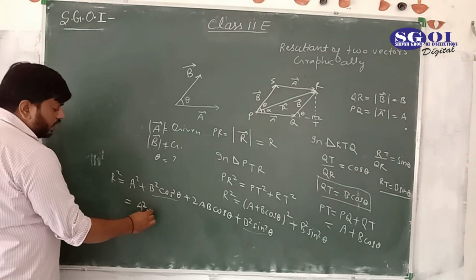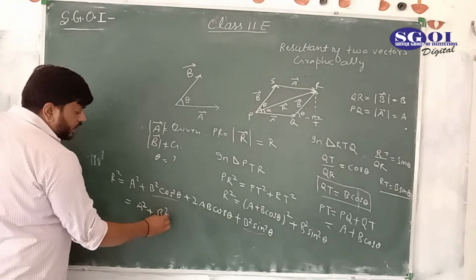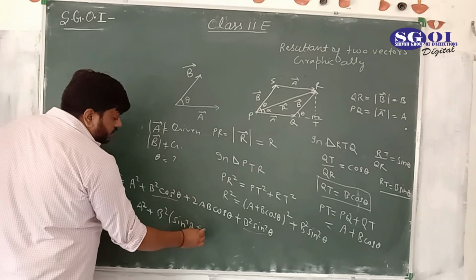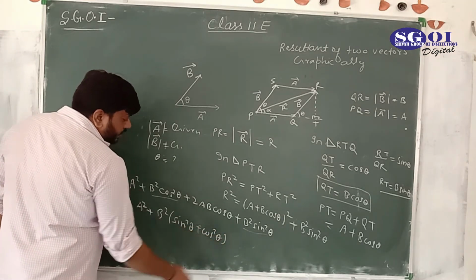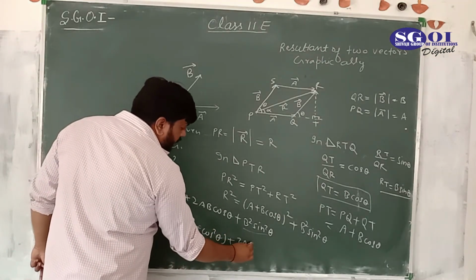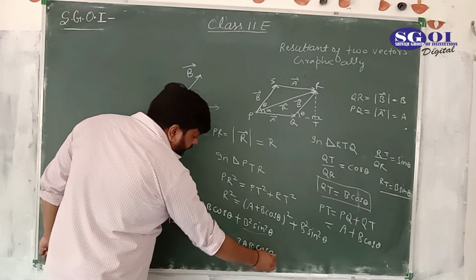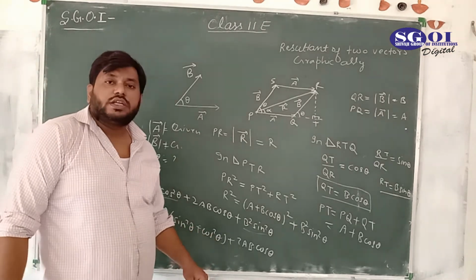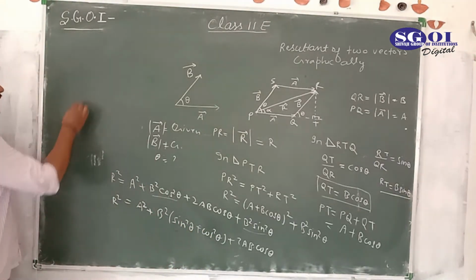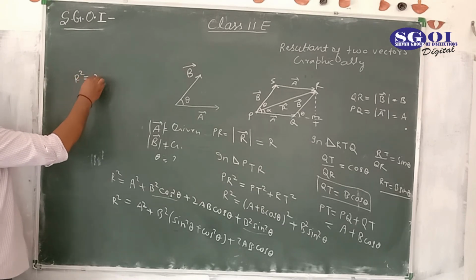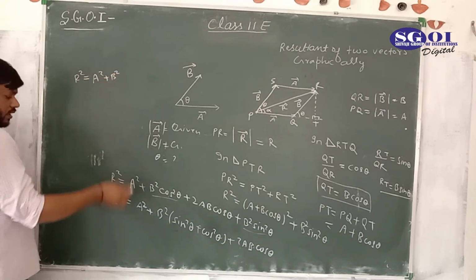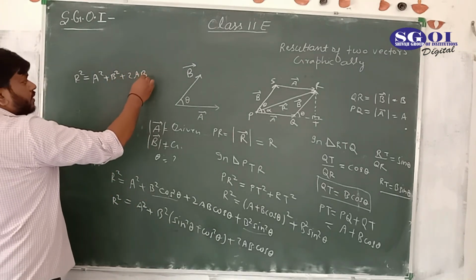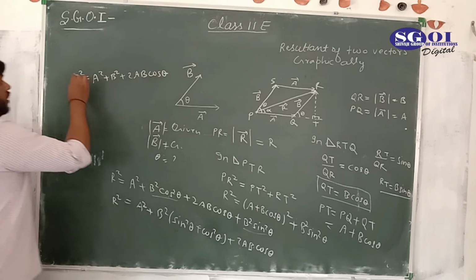This is A square plus B square times sin square theta plus cos square theta, plus 2AB cos theta. The value of sin square theta plus cos square theta is 1. So finally we have R square equal to A square plus B square plus 2AB cos theta.